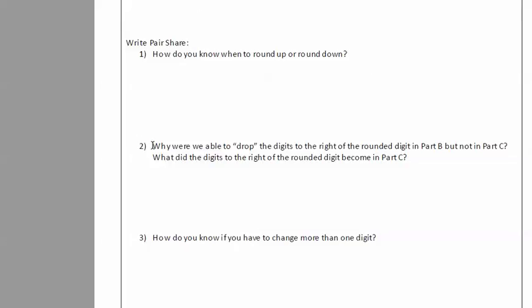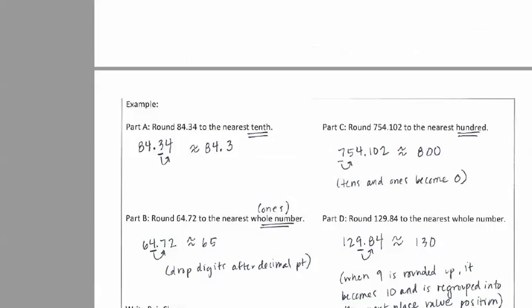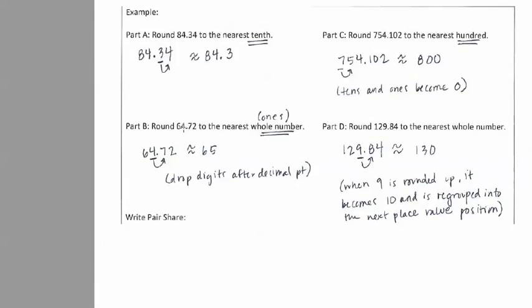The next question is: why are we able to drop, quote unquote, the digits to the right of the rounded digit in part B, but not in part C? In part B, the digits to the right are decimal digits. They're fractions of a number, they're not wholes. Here, two of the digits to the right are whole numbers, so those become zeros.